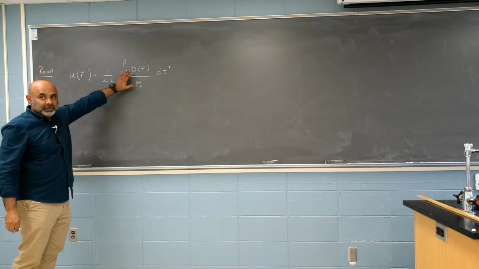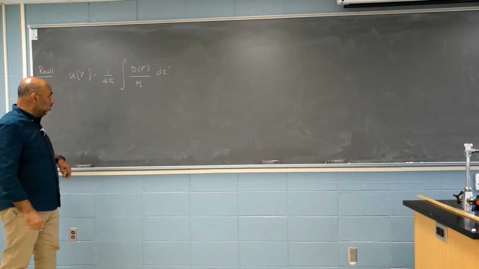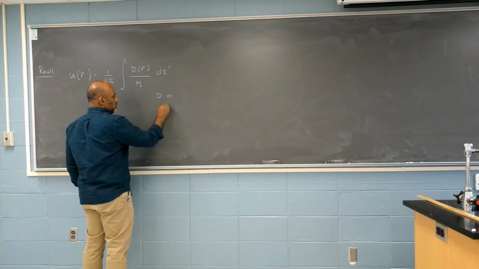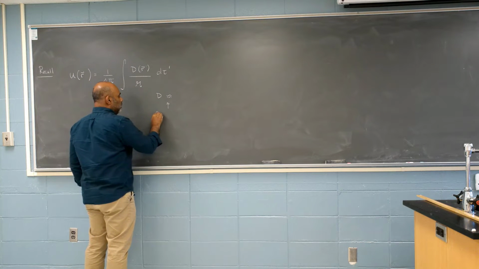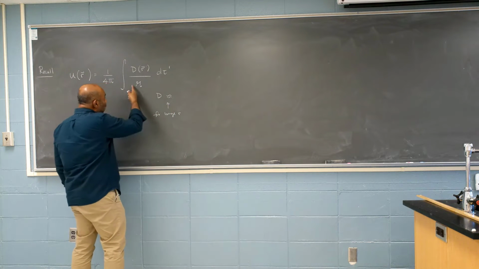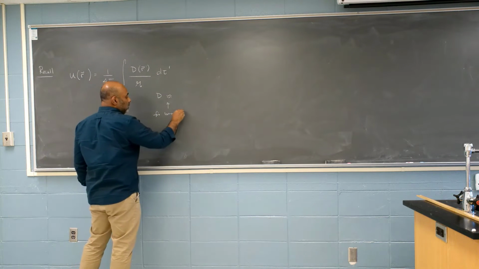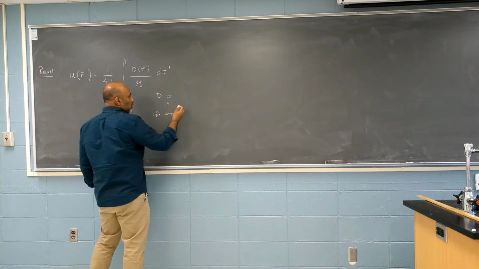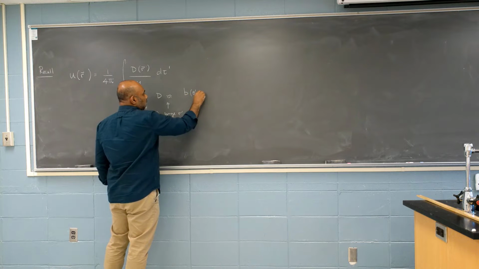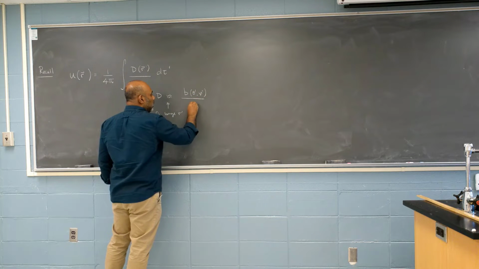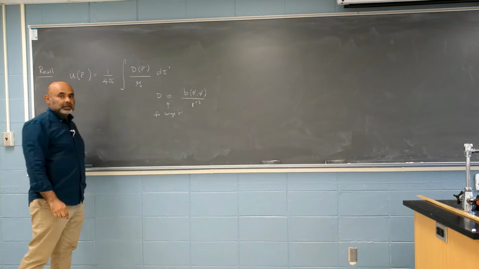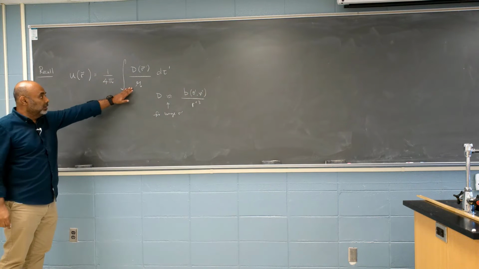For this to be well defined in all space, D should, for large r prime, because we're integrating over it, fall off as some constant, which is a function of theta prime and phi prime, over r prime cubed. That's when this integral can be defined.